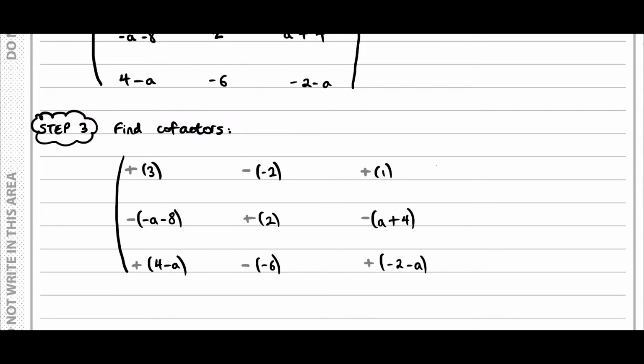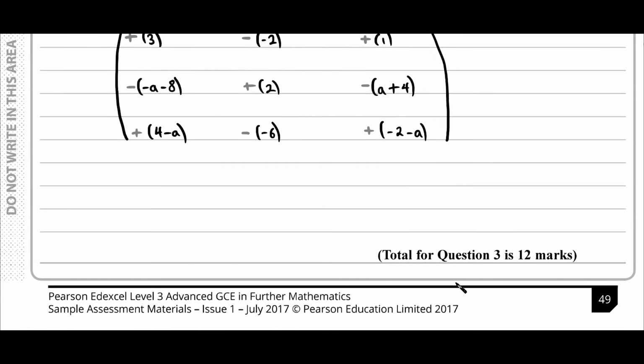So if we simplify all this, we can therefore conclude that we have 3, a plus 8, 4 minus a, 2, 2, 6, 1, minus a minus 4, and minus 2 minus a.